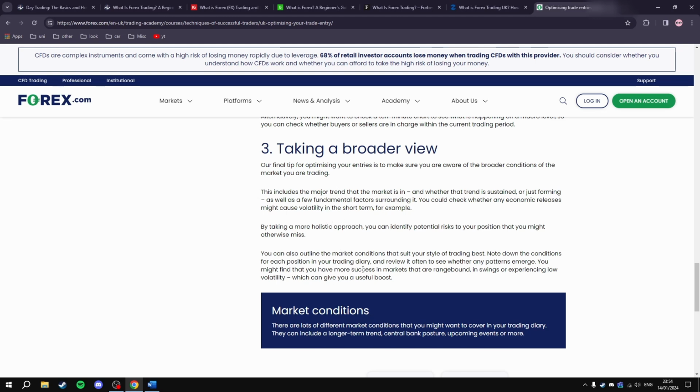You can also outline the market conditions that suit your style of trading best. Note down the conditions for each position in your trading diary and review it often to see whether any patterns emerge.